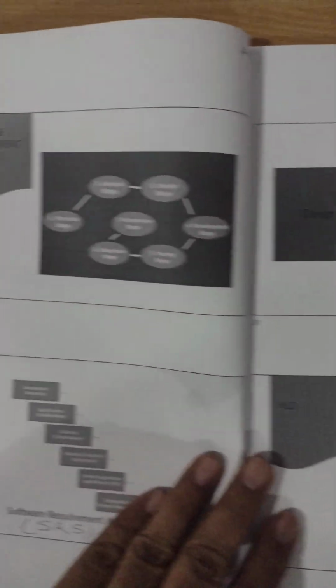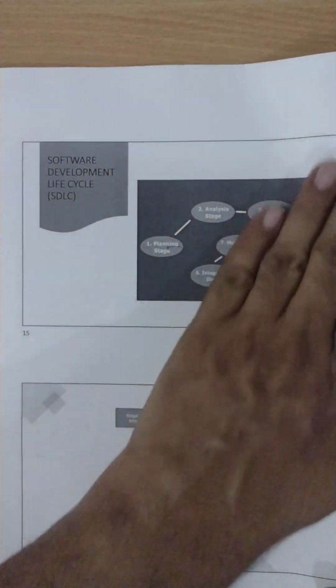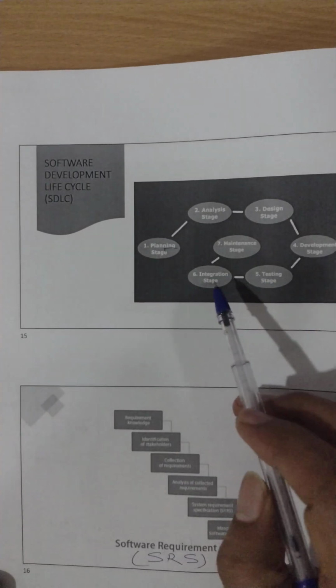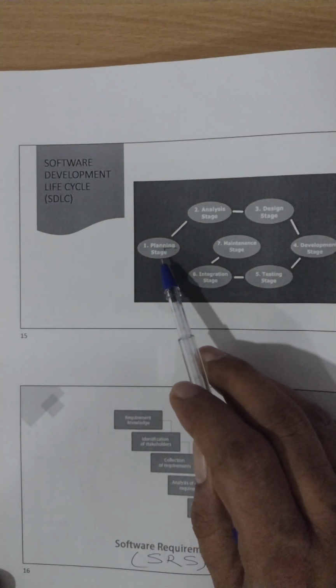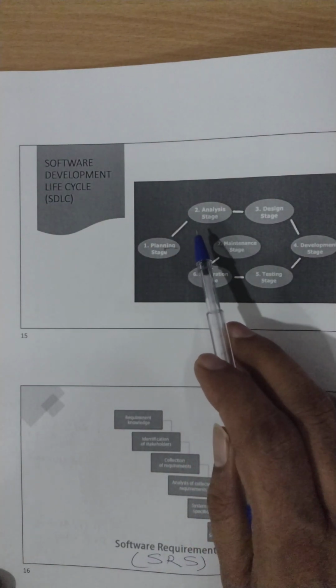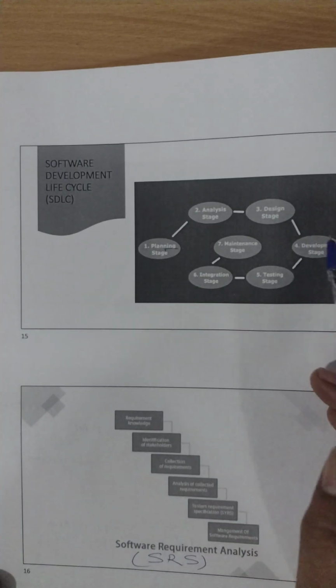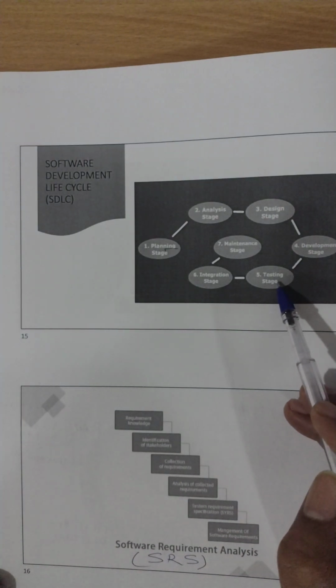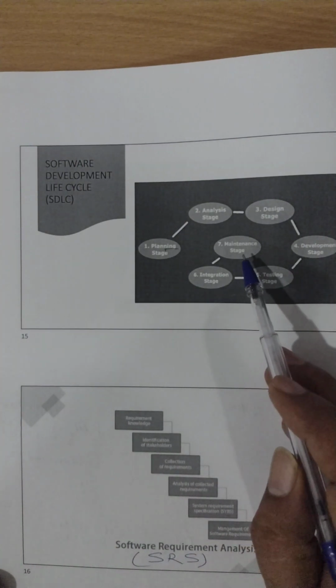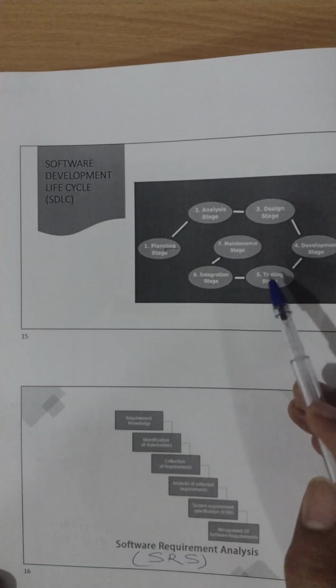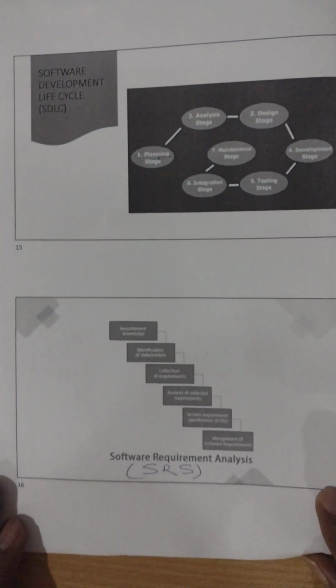Again, these are the various stages of your software development life cycle: planning stage, analysis stage, design stage, development stage, testing stage, integration stage and maintenance stage. So multiple stages are there.